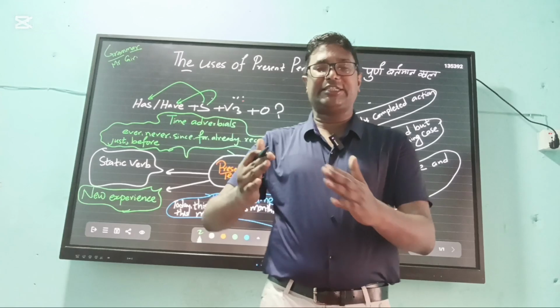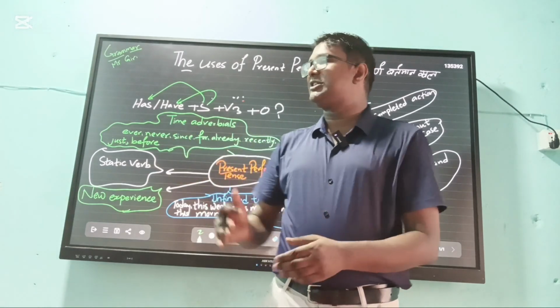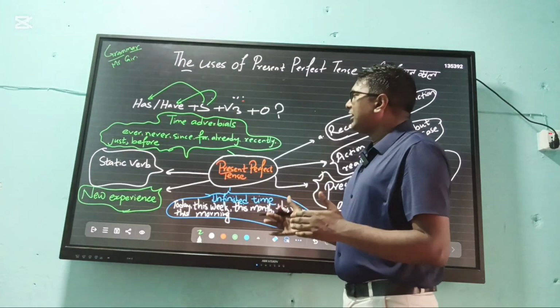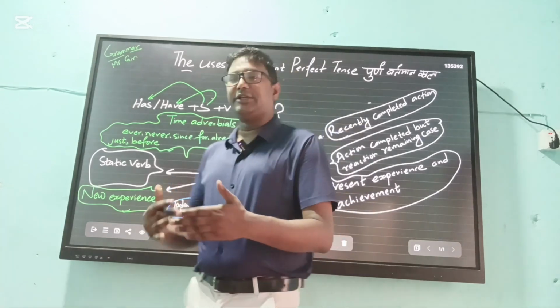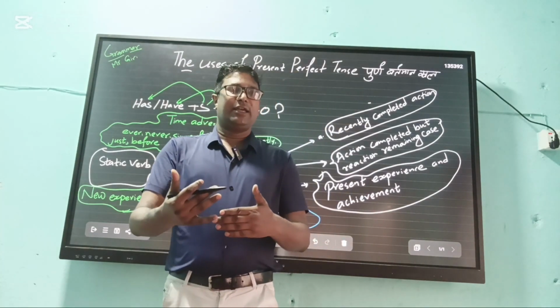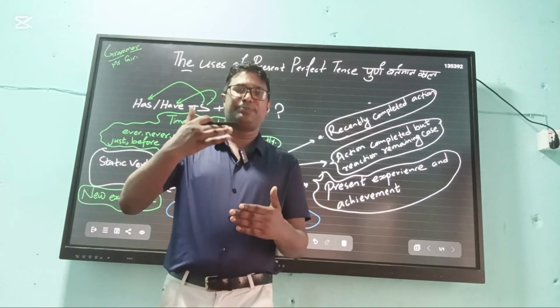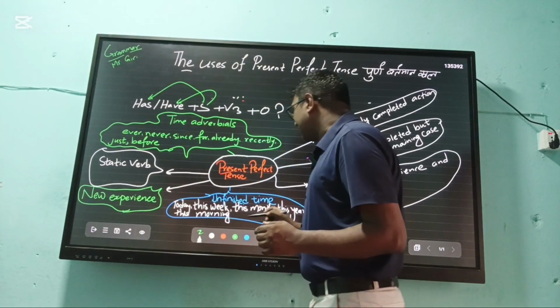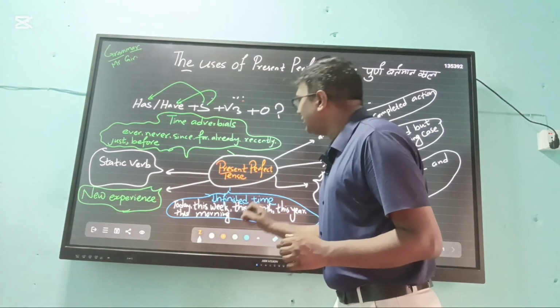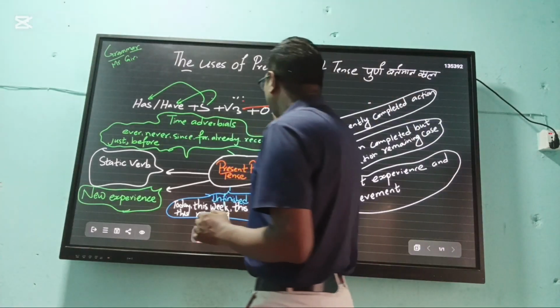Have you visited Pokhara? That is the question. Or another one: have you ever visited Kathmandu? That is the experience. Normally we use have you plus V3, has plus singular subject plus ever plus V3 for asking questions.